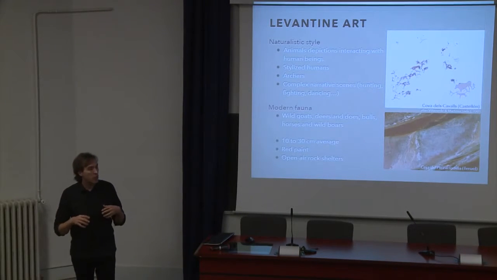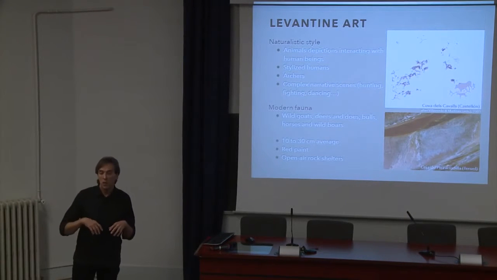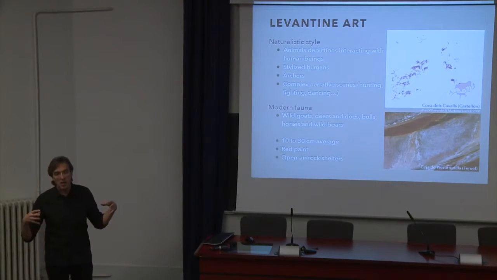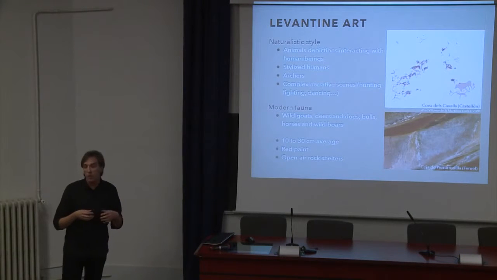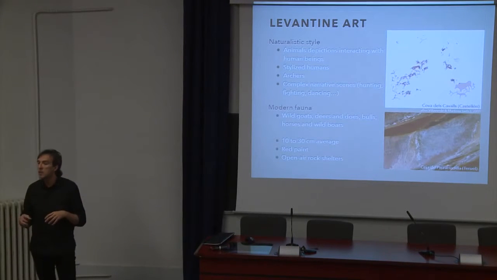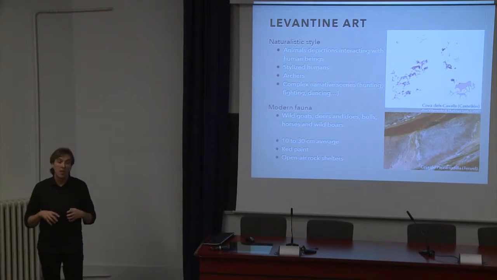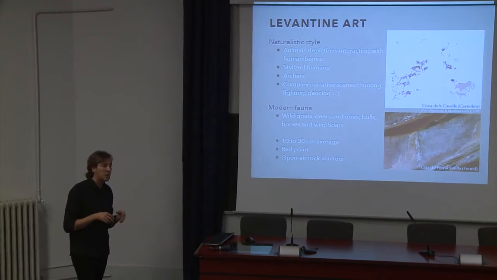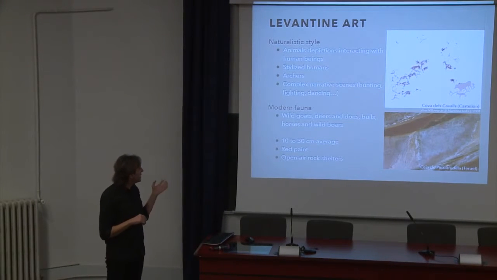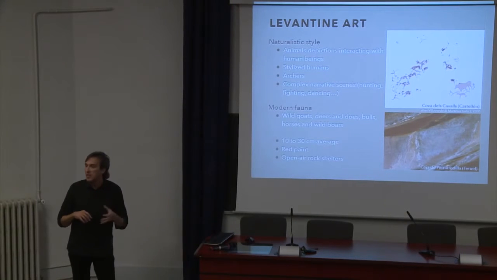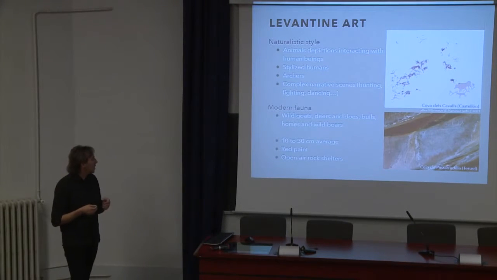The animals are treated in a more naturalistic way. Humans are more stylized, and both kinds of figures interact in complex scenes of a narrative nature. For example, hunting scenes, fighting scenes, dancing, etc.